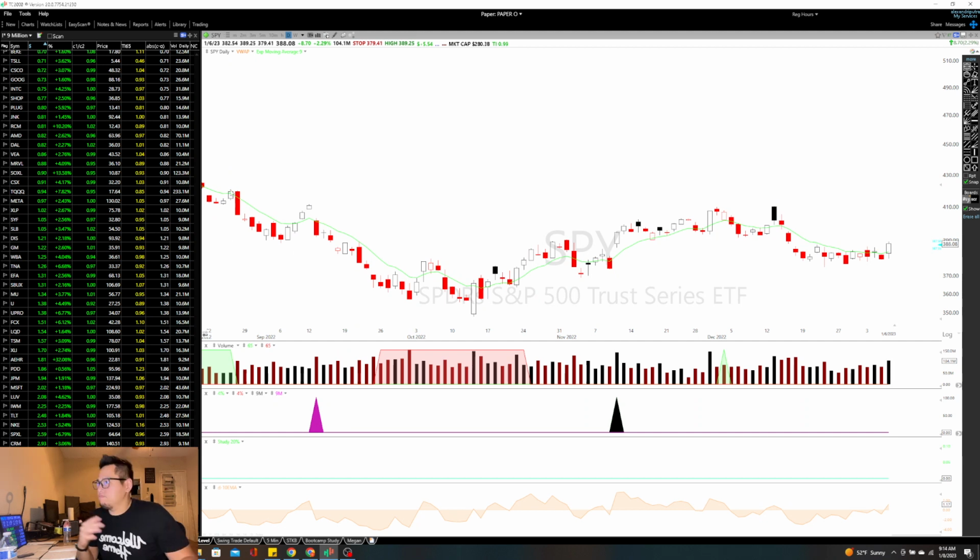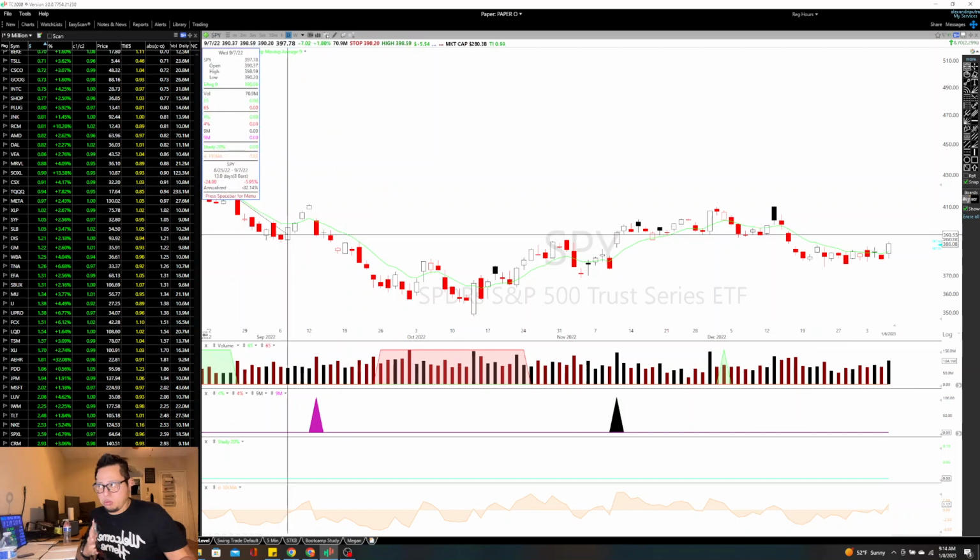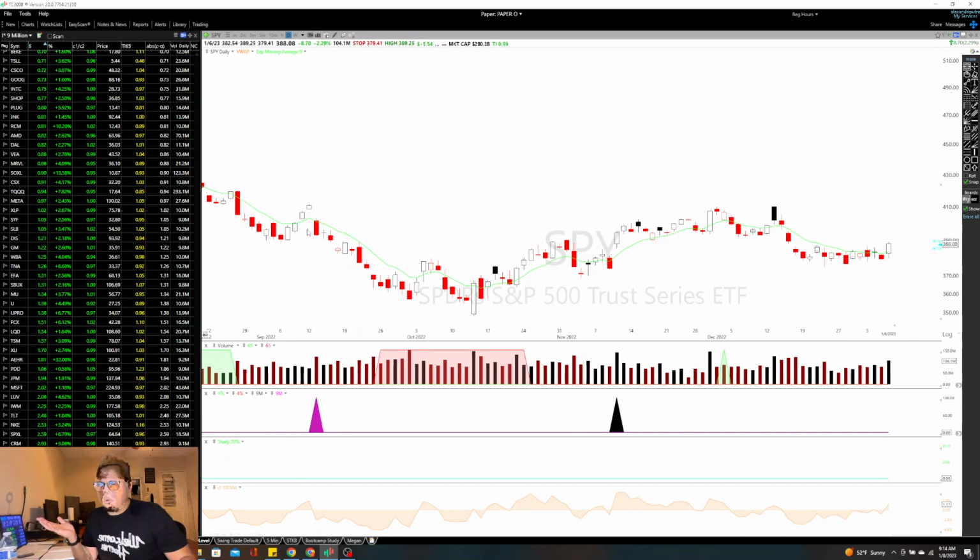In the past, September 2022 to October 2022, it was closer to trending down and trending down. But when it's trading within a range, it's choppier and harder to navigate.